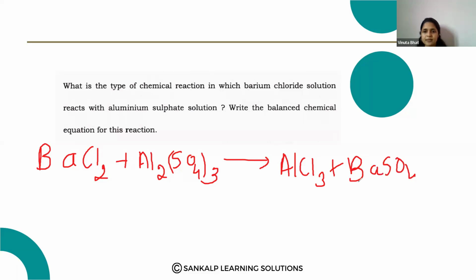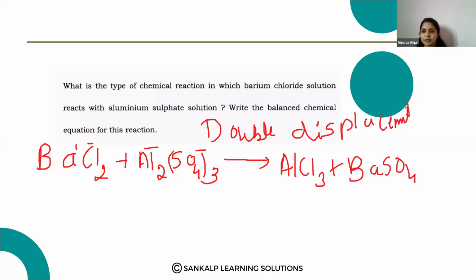Here, you can see the exchange of ions takes place between the reactants: barium and sulfate, and aluminium and chloride. So we can call it a double displacement reaction.